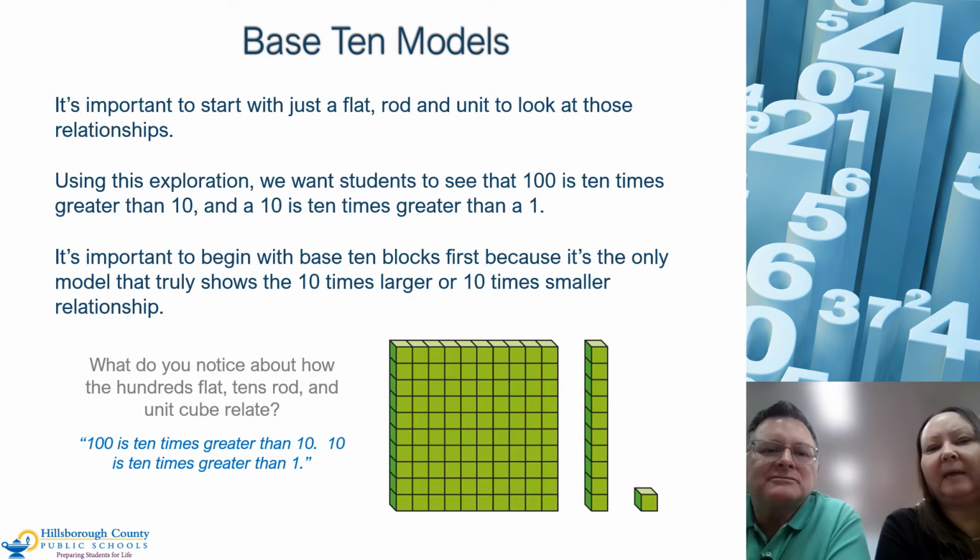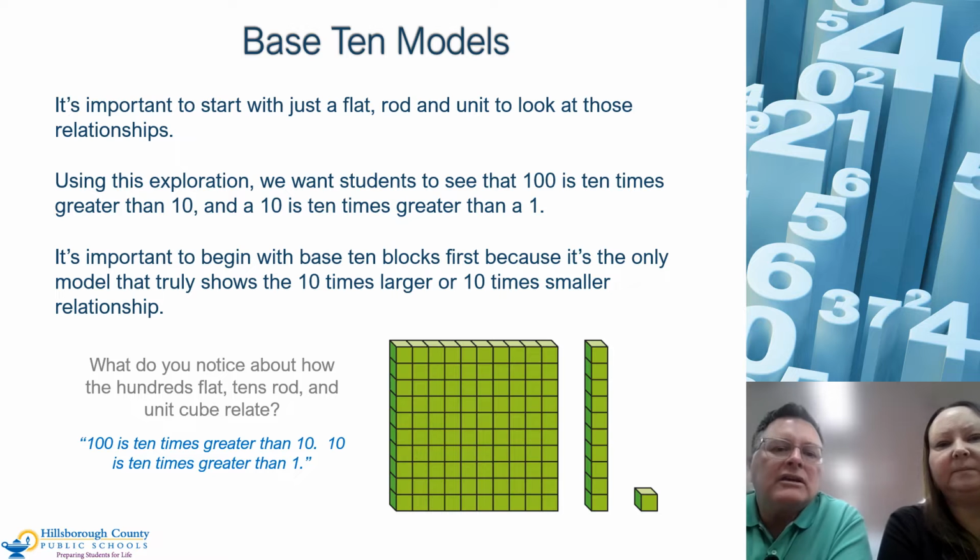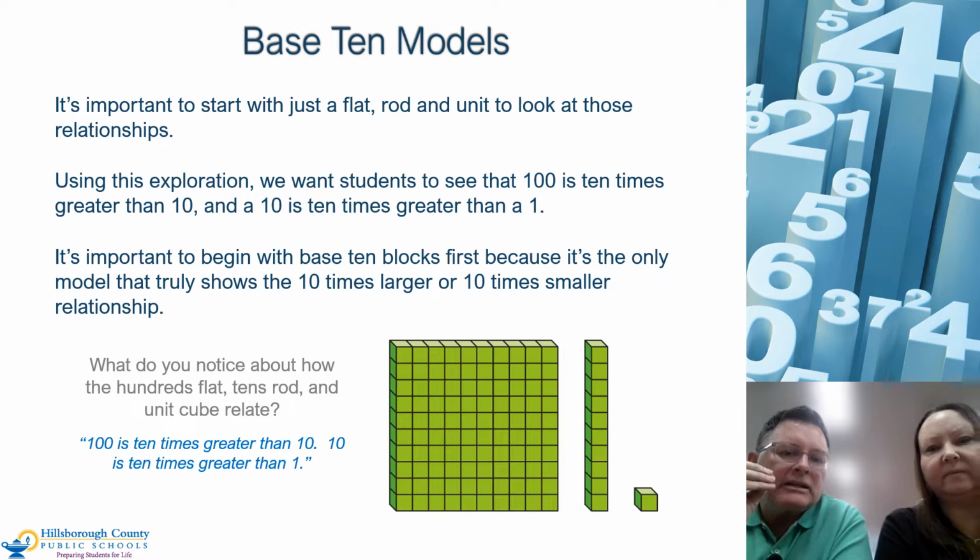Whenever we begin to represent these place value relationships with base 10 blocks, it's really important to start with a hundreds flat, a tens rod, and a unit cube, and just explore the 10 times greater relationship. If you look there to the left at the bottom where you see that text in blue in quotes, that language is what we want 4th graders to start seeing and using.